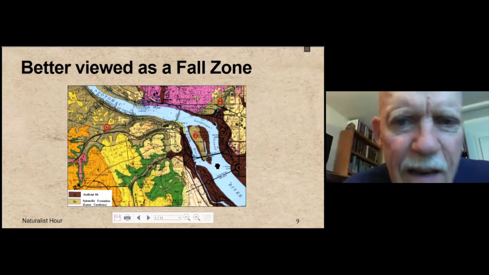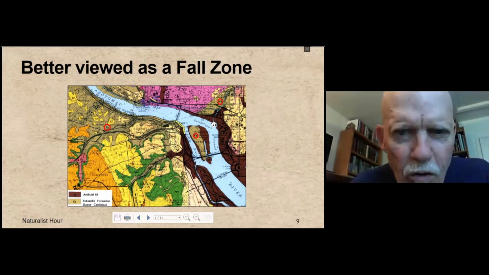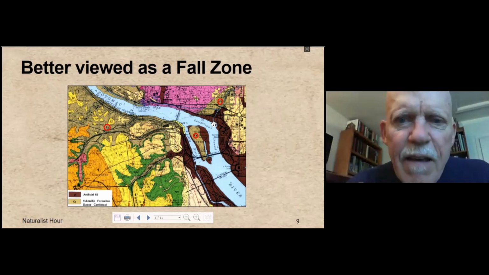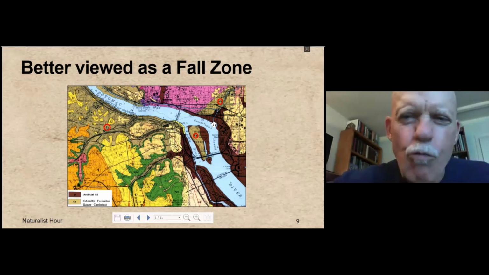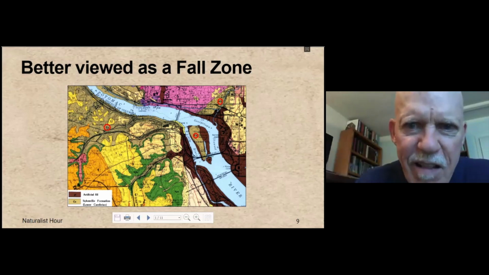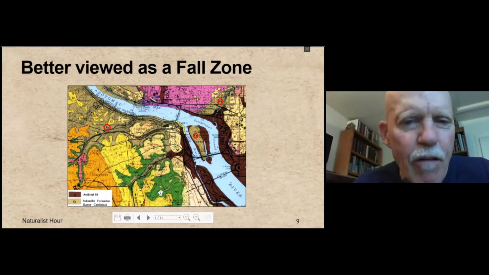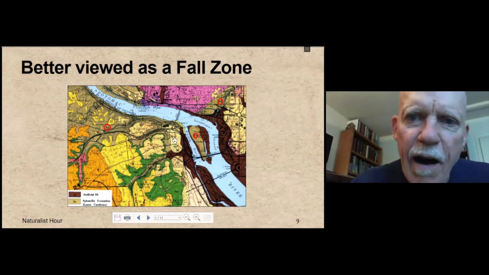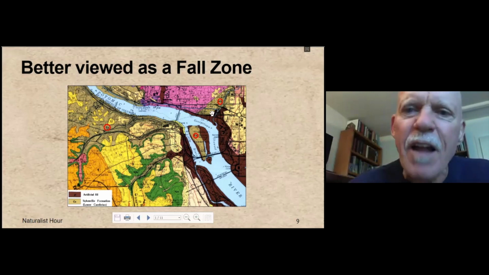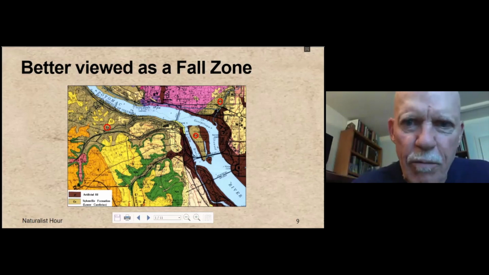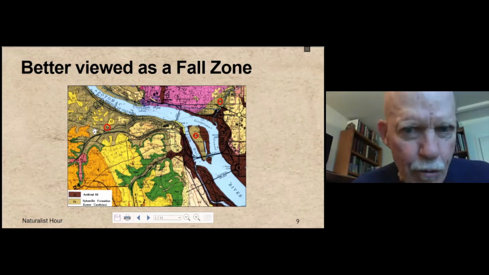So the point is that this fall zone is a region, a band, a ribbon that extends across this whole area and should be considered to extend maybe 5 miles or so on each side of the closest line of division, clear line division between Piedmont and coastal plain materials.